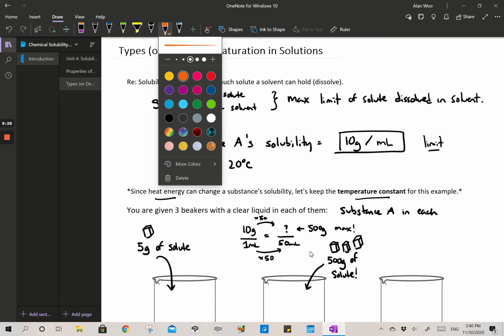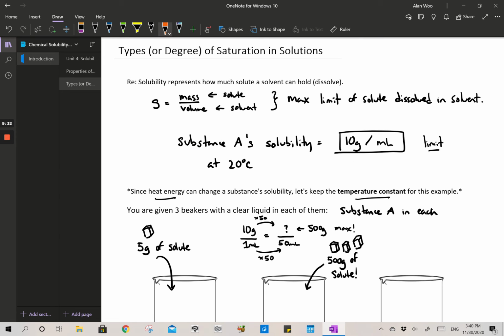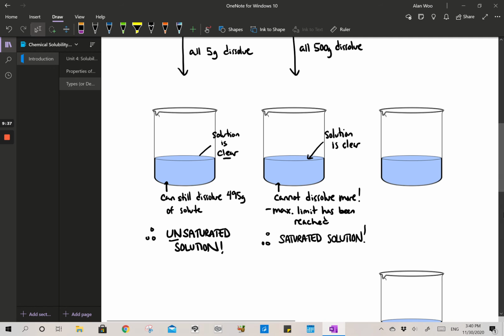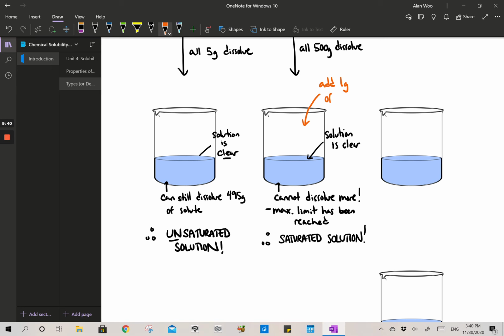Let's say at this point, I add 1 more gram of solute. What's going to happen? It's already reached its max. It's holding 500 grams.